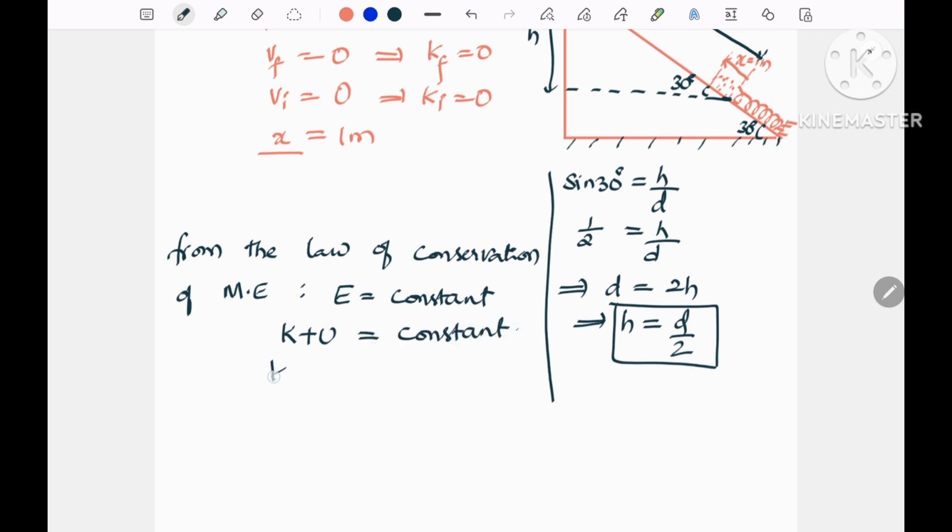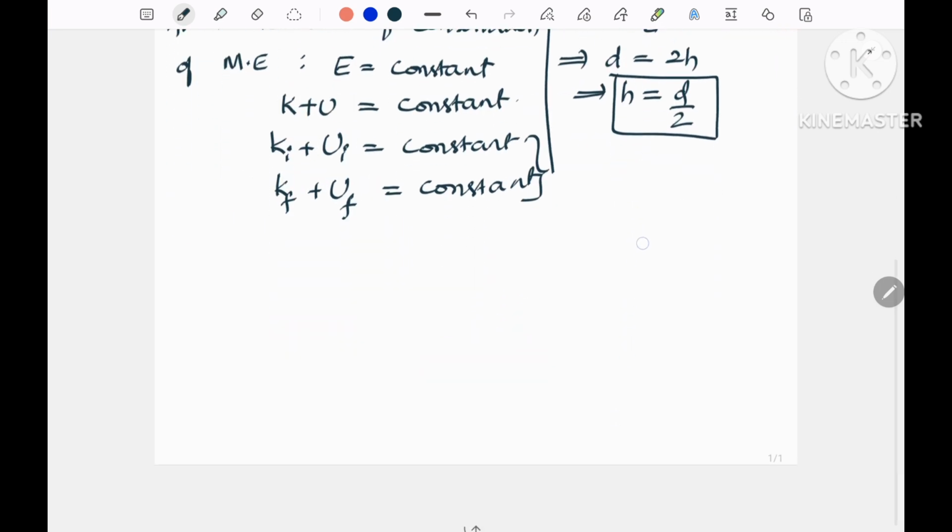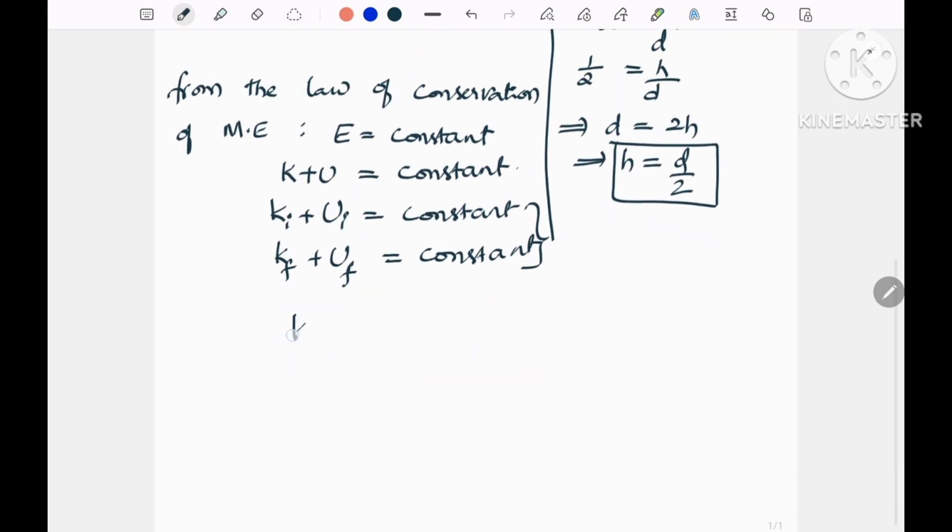From this we can write that initial kinetic energy plus initial potential energy is constant, and final kinetic energy plus final potential energy is constant. From these two equations we can write that initial kinetic energy plus initial potential energy must be equal to final kinetic energy plus final potential energy.